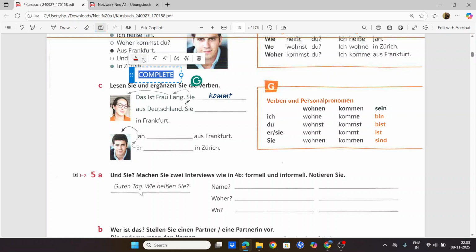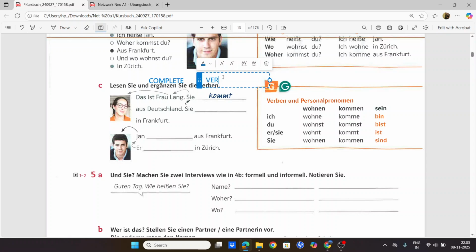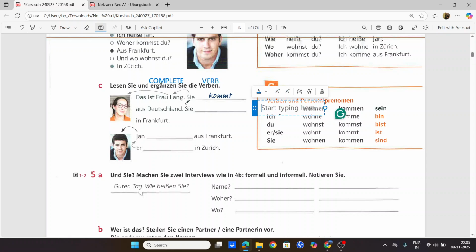Let me change this text color to blue. It's not homework, but you need to remember that ergänzen means complete the sentence, and Verben means using the right form of verb. So in this case you will know this is your verb. Let me clarify this. What is a pronoun? I think you have an idea from English, but still. So this is a noun and this is a verb.